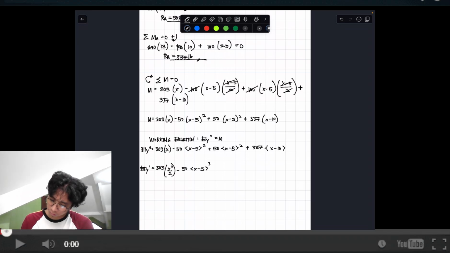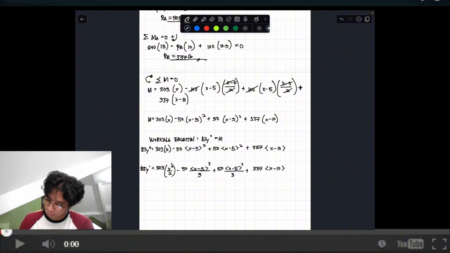Laging n plus 1 divided by n. Okay? So magdadagdag tayo lagi ng plus 1, kaya naging 3 to, divided natin by 3. Plus 50, ganun din ulit, multiplied by (x minus 5) to the power of 3, divided by 3, and plus 337 multiplied by (x minus 10).